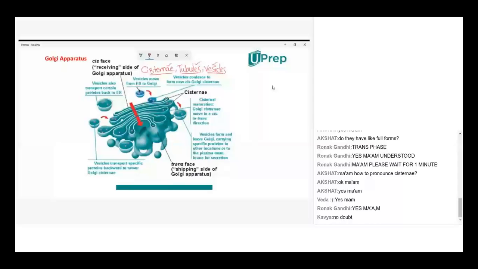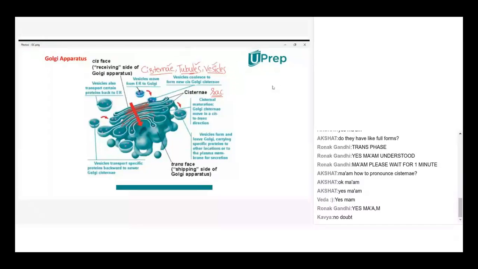If you compare the endoplasmic reticulum structure with the Golgi complex, see here, these are nothing but the cisternae. What I told about cisternae, the cisternae are flattened sac-like structures. So this part is the cisternae. Then we have tubules. Tubules means tube-like structures which are branched or unbranched with one another, something like this.